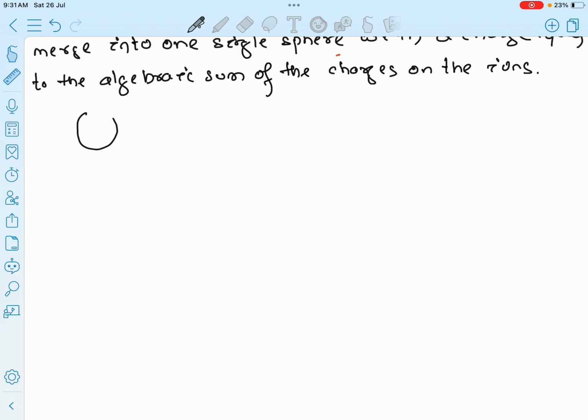Here is an ion which is spherical in shape and has a radius of Ra, and the charge on this ionic species is Za.